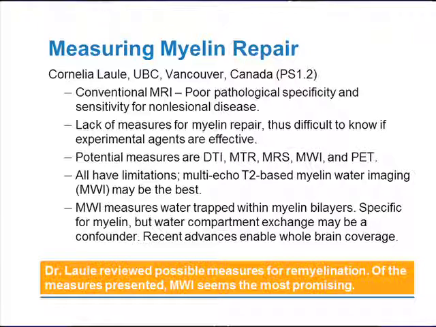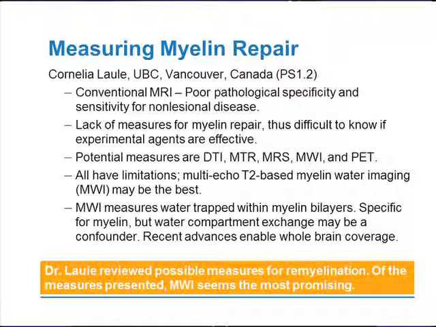One of the disadvantages with PET is obviously the lack of availability and the ionizing radiation that the subjects would receive. However, this is an interesting area. So all of those have limitations, but her point was that multi-echo T2-based myelin water imaging may be the best and maybe almost ready to be put into clinical trials.